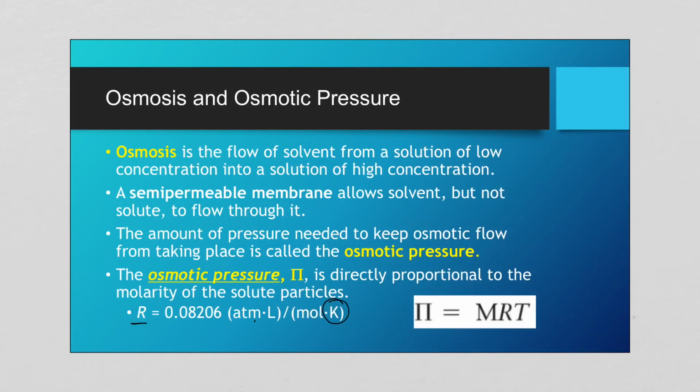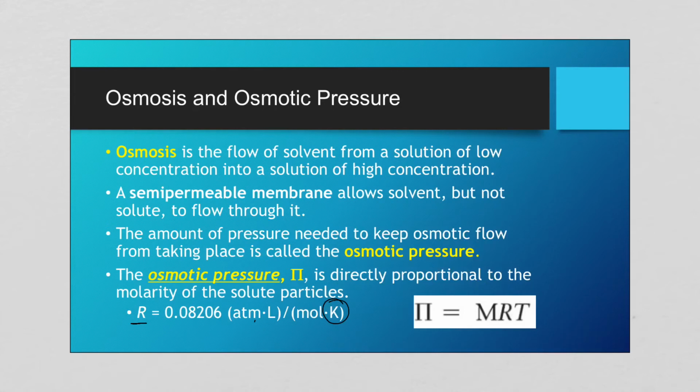So typically when we're dealing with equations with gases that have temperature in them, we're going to use Kelvin because of the units of the gas constant here. So osmotic pressure is equal to the molarity times the gas constant times the temperature.